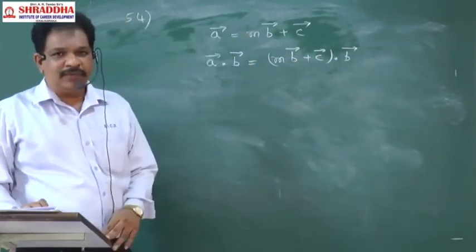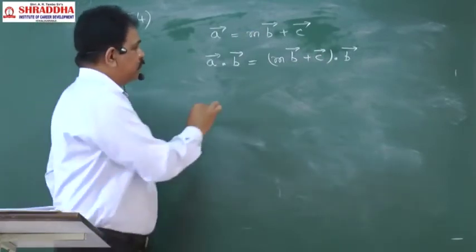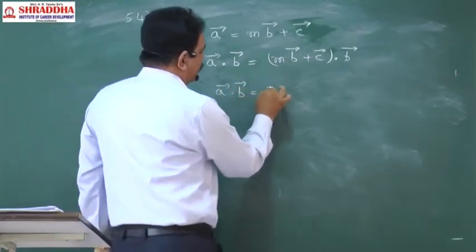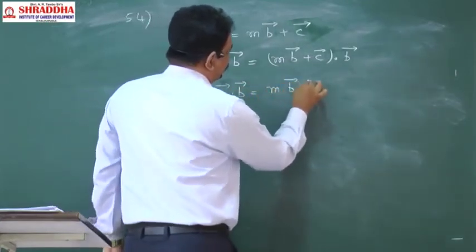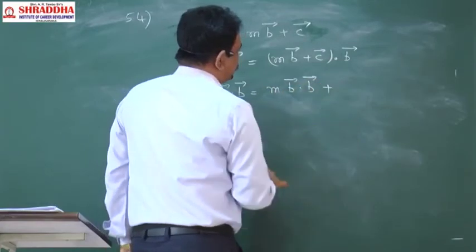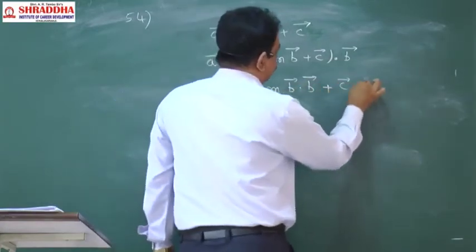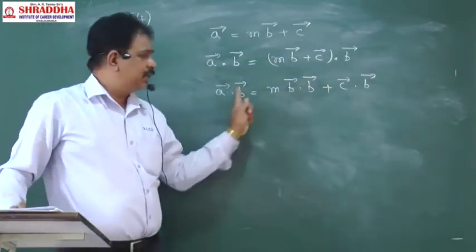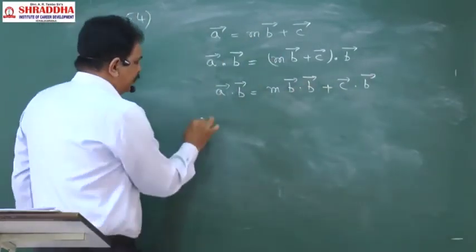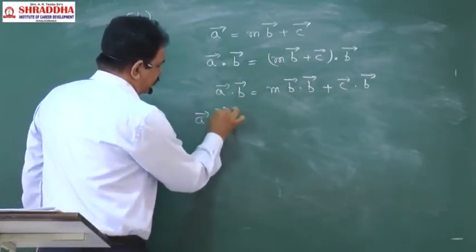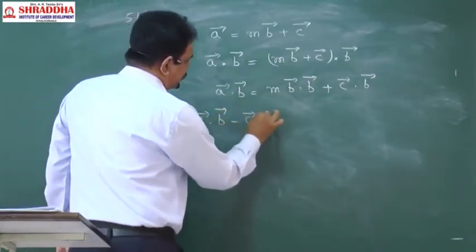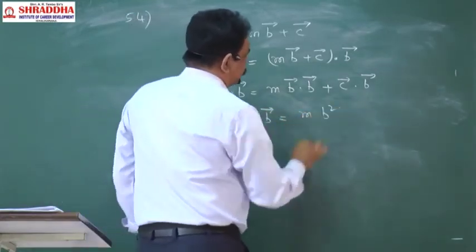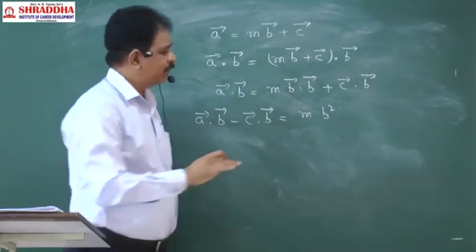So A bar dot B bar equals M into B bar dot B bar plus C bar dot B bar. Bring this to this side: A bar dot B bar minus C bar dot B bar is equal to M times B bar dot B bar.